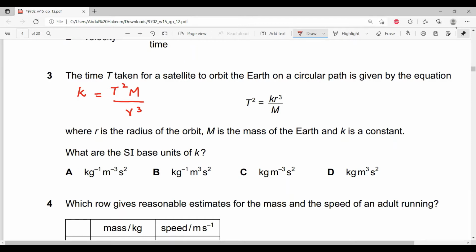So first make the unknown or required physical quantity the subject of the equation. T is the time in seconds squared, mass in kilogram, and the radius in meter to the power 3. So we can write kilogram, second power 2, meter power minus 3. So the answer is C.